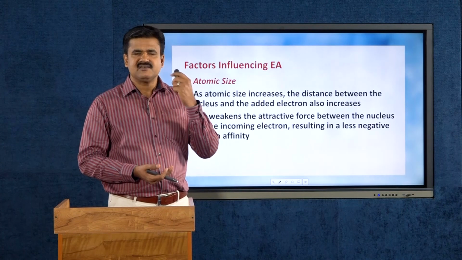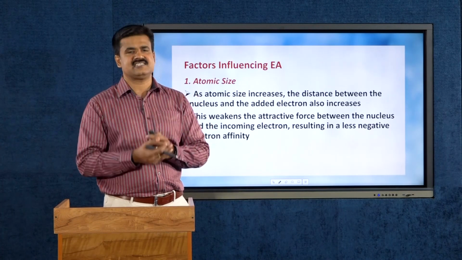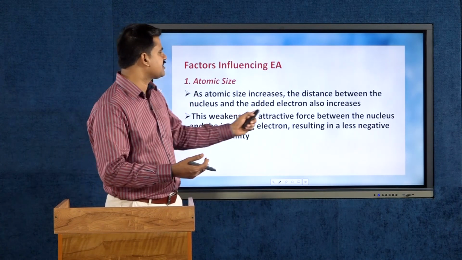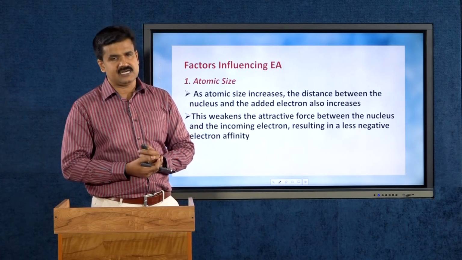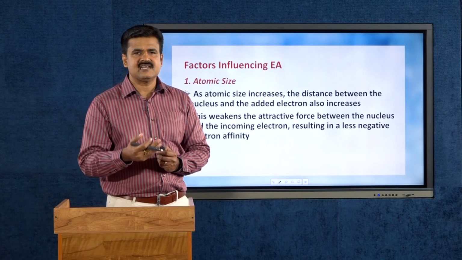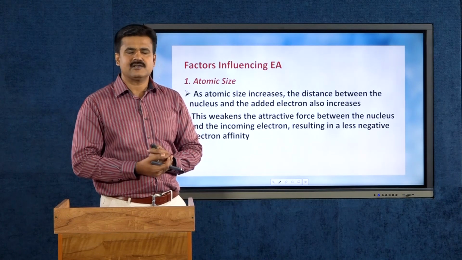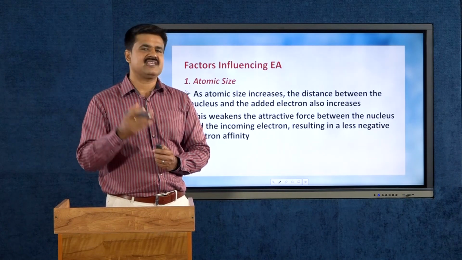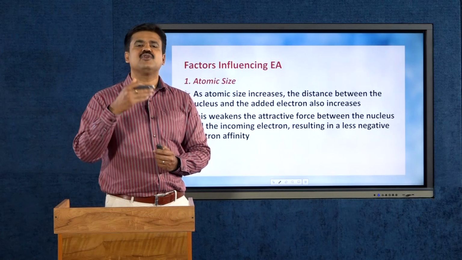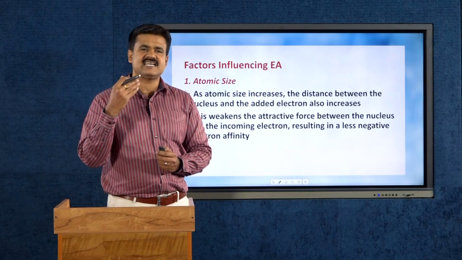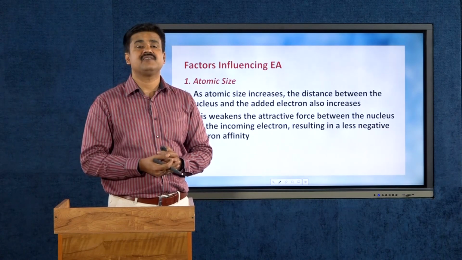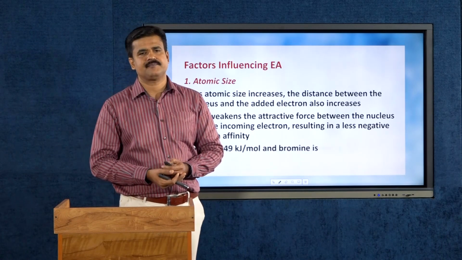And this increase in distance weakens the attractive force between the nucleus and the incoming electron. That results in less negative electron affinity, or we can say that the amount of energy liberated will be very small. So, as the size increases, the magnitude of electron affinity decreases.